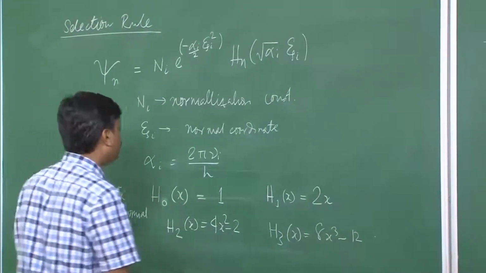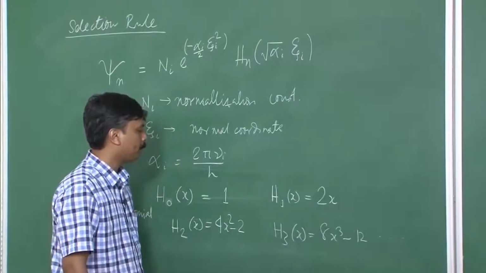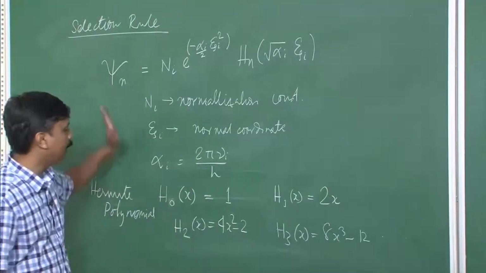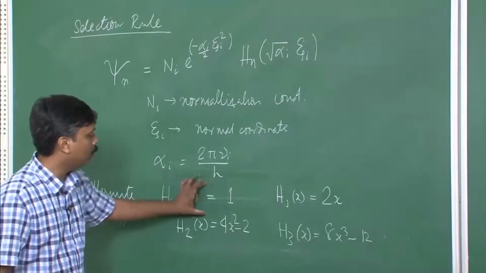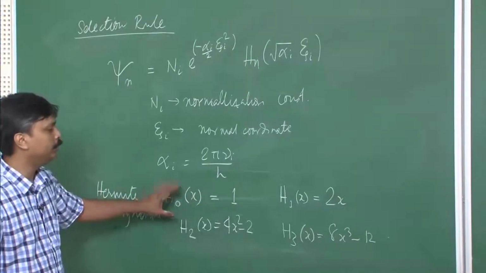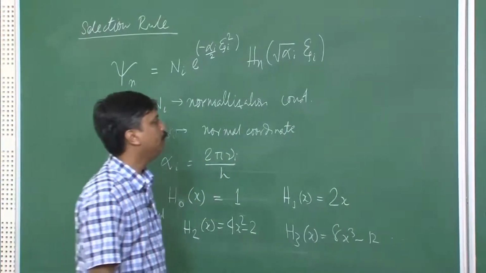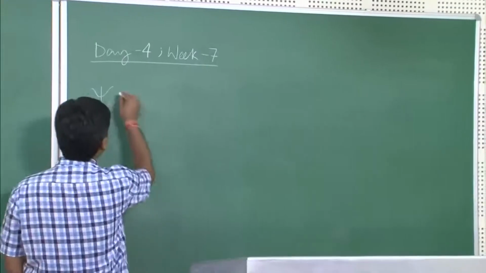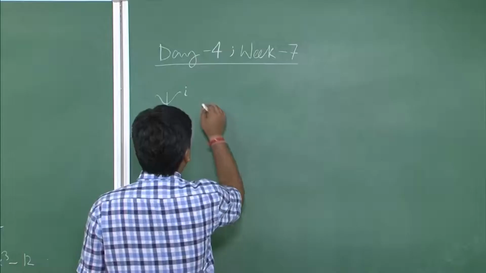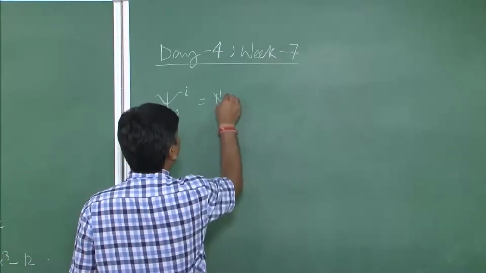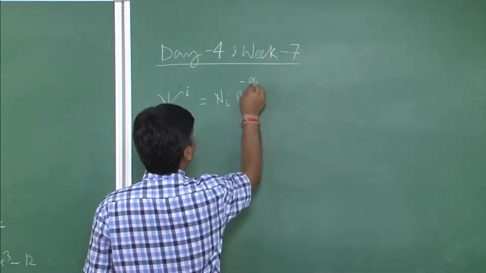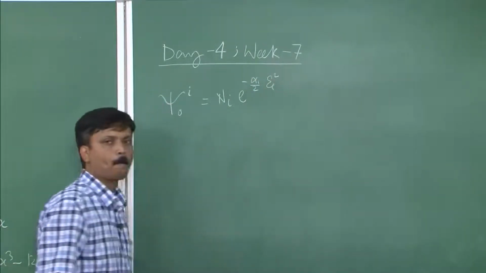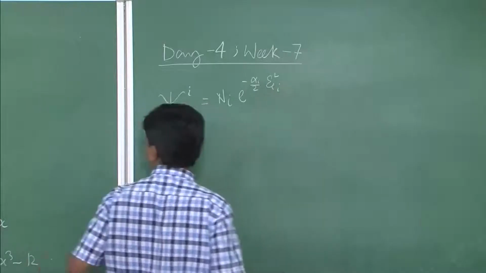Now this ground vibrational level, what is the form of the wave function at the ground state? So at the ground vibrational level I have H0, which is giving 1. So therefore what I have is psi 0, okay, for any ith normal mode, as Ni e to the power minus alpha I by 2 xi square, because the other part is 1.